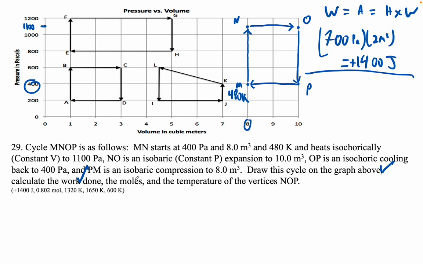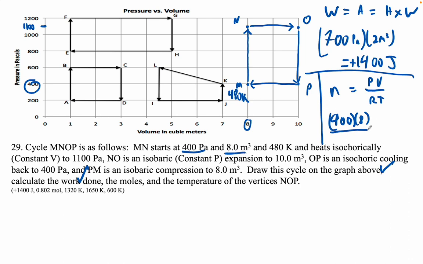Okay, so calculate the work done. Did that. The moles. Oh, okay, let's see. The moles are going to be, let's see, n is PV over RT, is that right? Okay. So we know that that's 480 kelvins, right? So at M, we know it's 400 pascals, 8 cubic meters. It says it right here, okay?